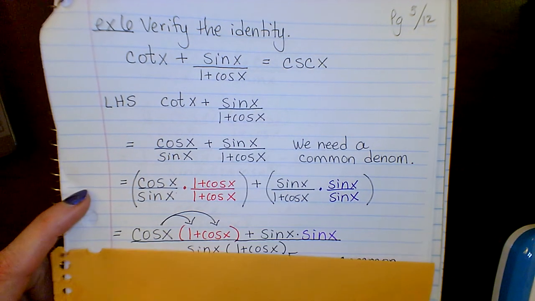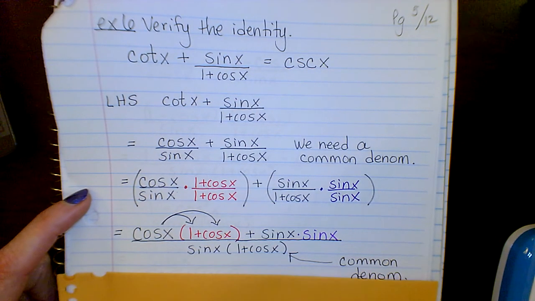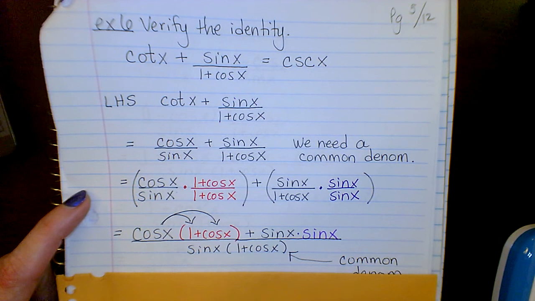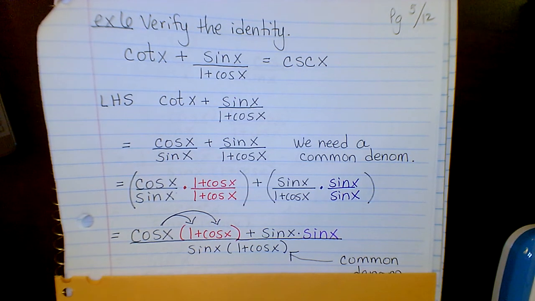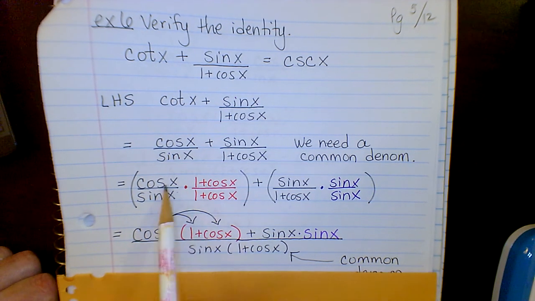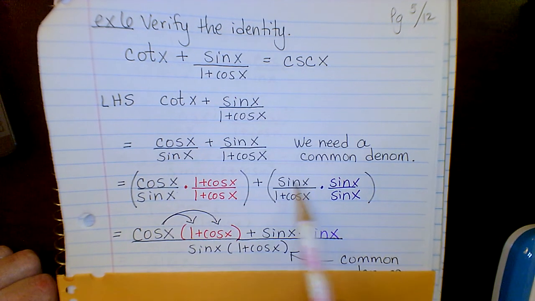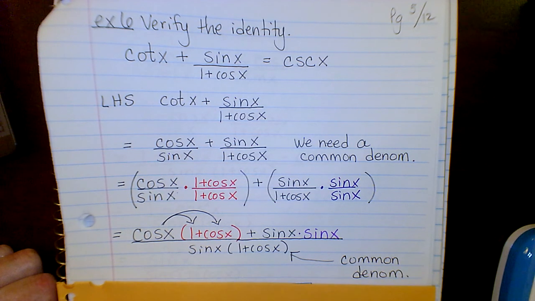Now in doing so, and I'm showing you this because it's color-coded, I get the common denominator of sine x times the quantity 1 plus cosine x. So multiplying this out, and then multiplying this out, I can add these two fractions by adding my numerators over my common denominator.